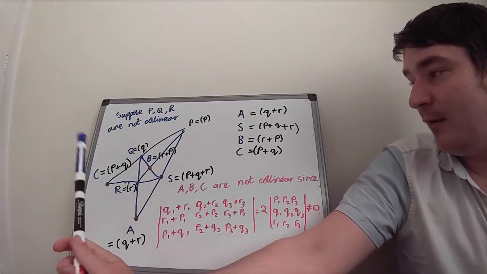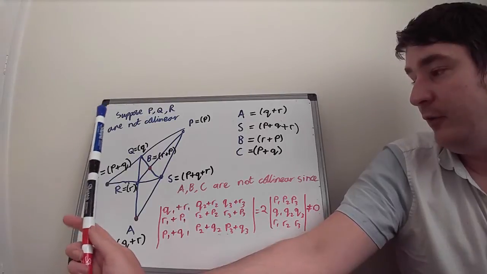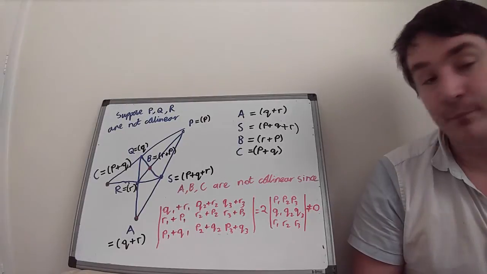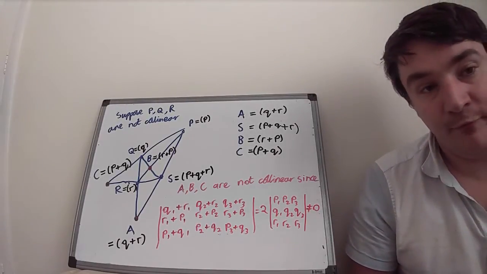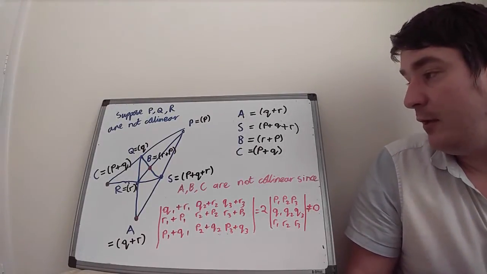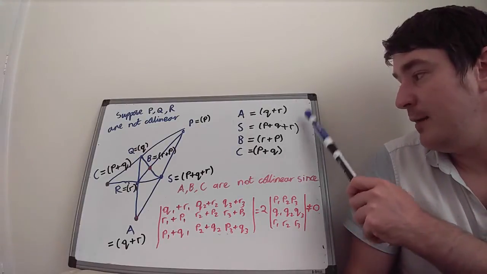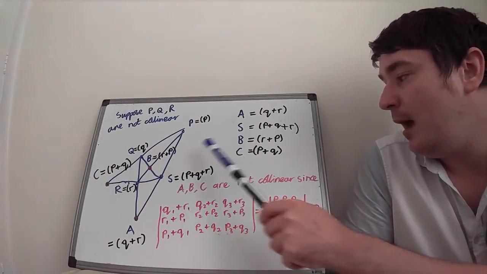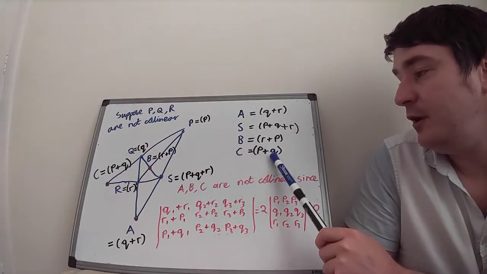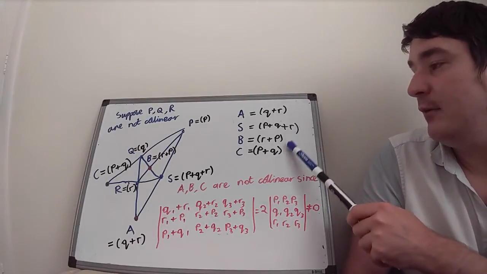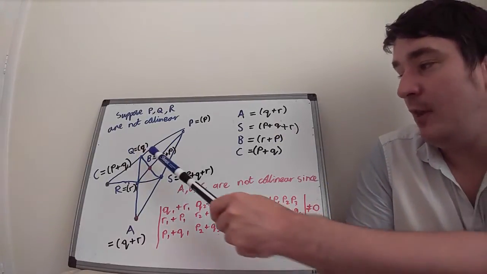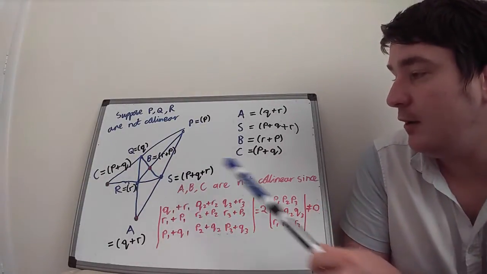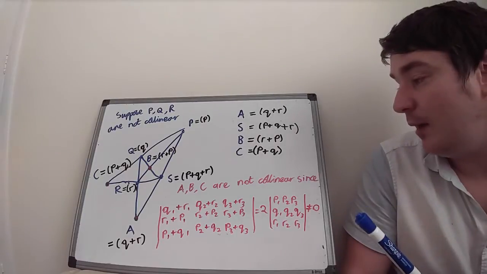So now we have P, Q, R and S and A, we can determine these other two diagonal points. You can verify this for yourself, that all of these assumptions so far imply that B has to be equal to R plus P and C has to equal P plus Q. B being defined, of course, as the meet of the line through Q and S and P and R. And C, you can see how that's defined as well.